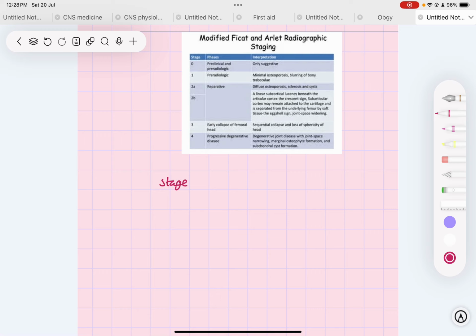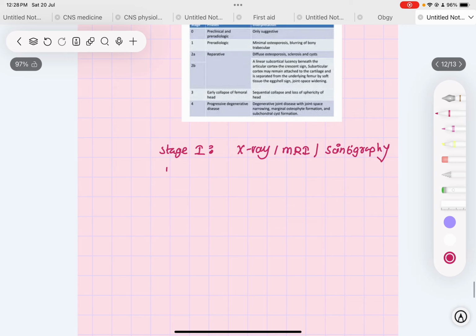Stage 1 is totally normal. X-ray or MRI or scintigraphy, so everything will be normal.